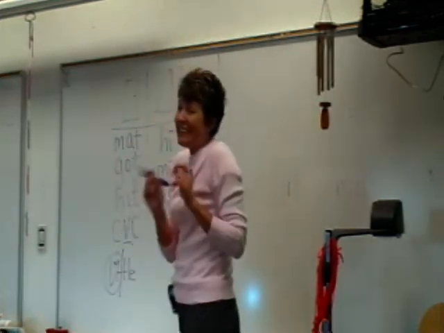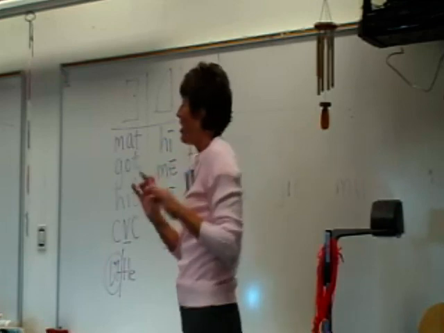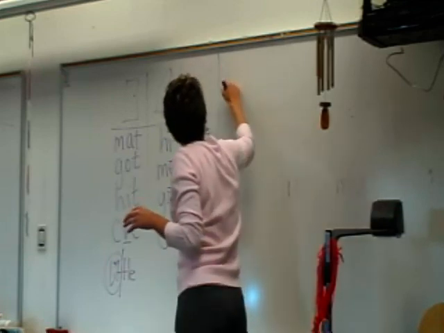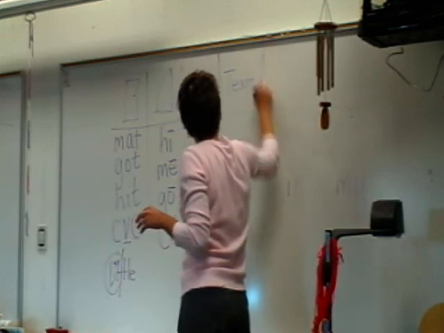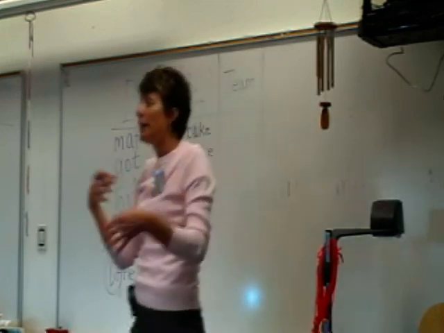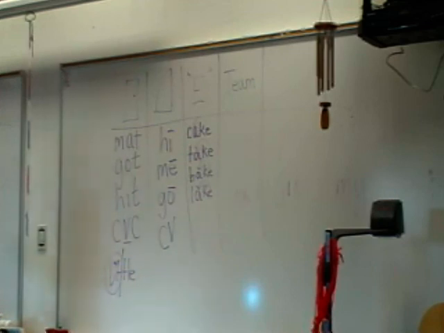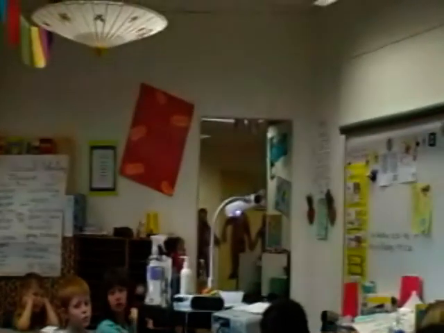The other one's a little bit harder, okay? This is the hard one. Okay? This one is a team. Now, you remember your little ditty about the vowels? A, E, I, O, U, sometimes Y, and W. You remember those? No. You don't?